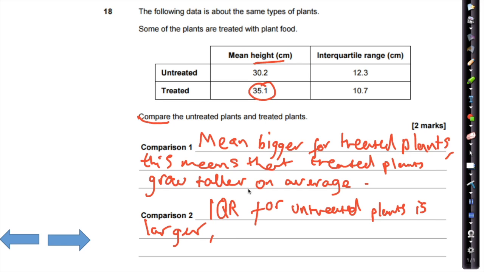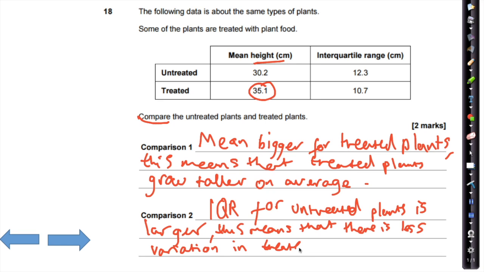What this means, well, this means that there is less variation in treated plants. Don't forget the interquartile range is talking about the spread of the middle 50%.